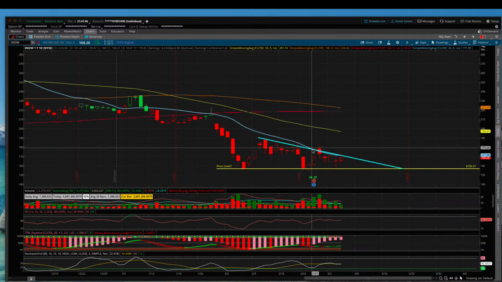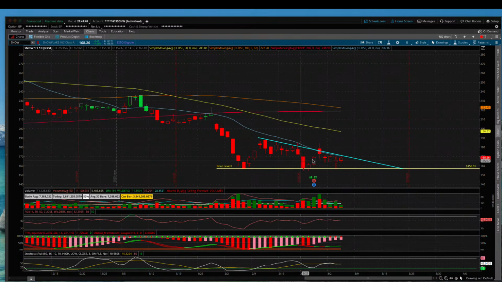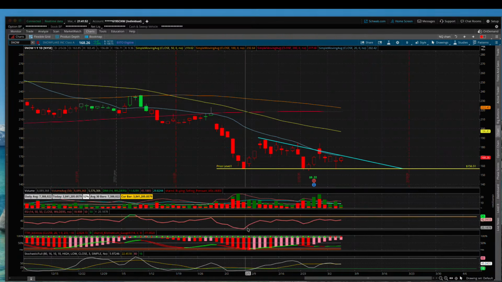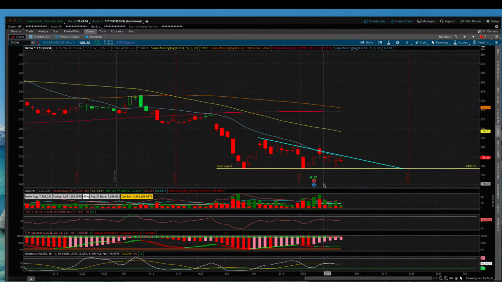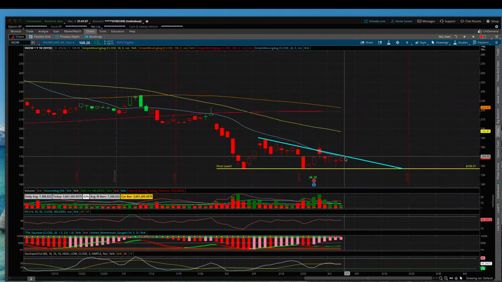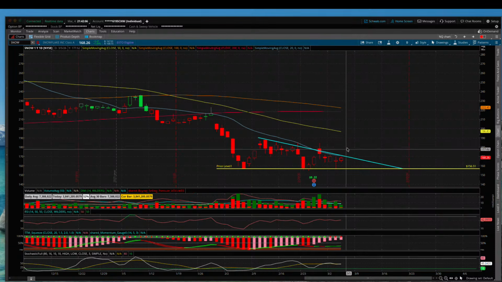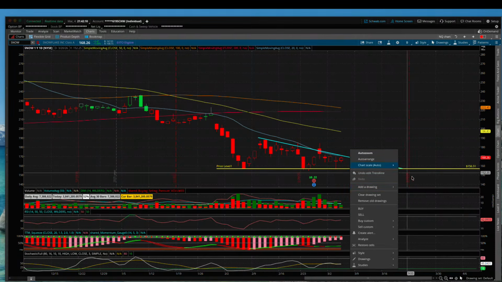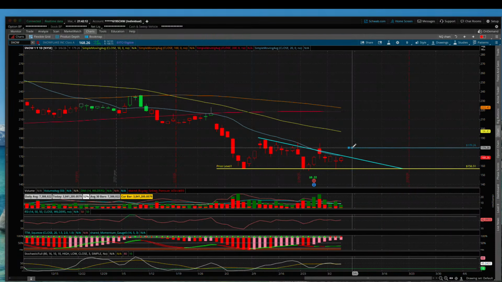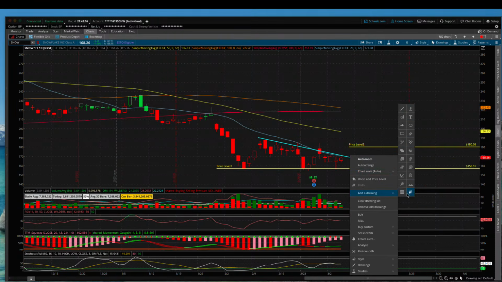You're rejecting the 20 SMA consistently. You're building a descending triangle here. You have a little bullish divergence there. But you've got to break this area at 172, 173. You've got to break that, and then you could get to 180. But that's about it.